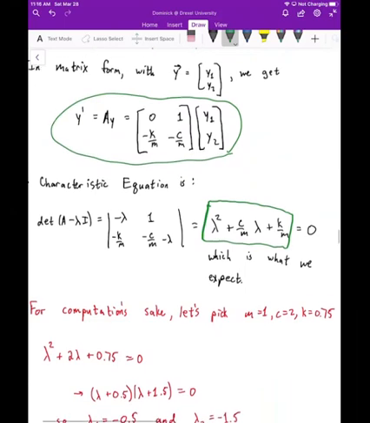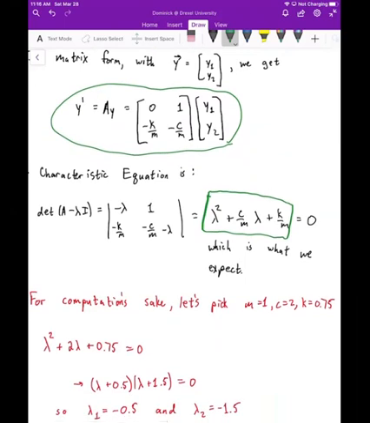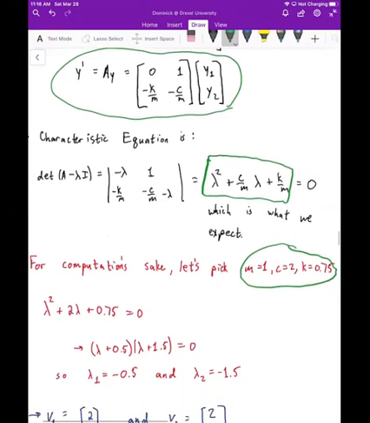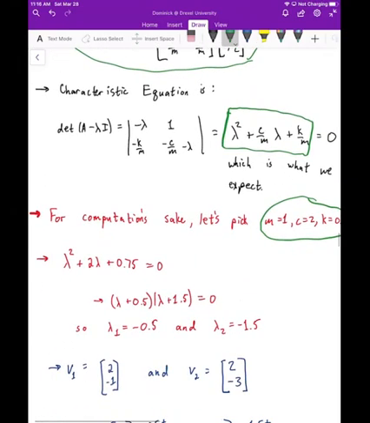Now, for computation's sake, we're going to pick some tangible numbers for m, c, and k here. All right, we're going to let m be 1, c equal 2, and k be equal to 0.75. So if we do that, our characteristic equation is now this.